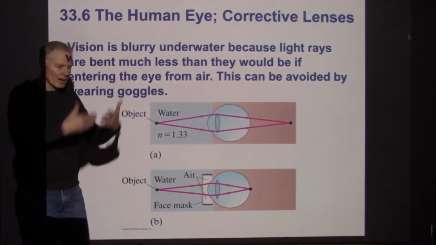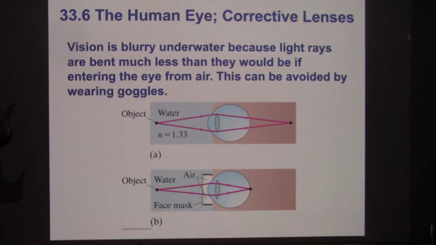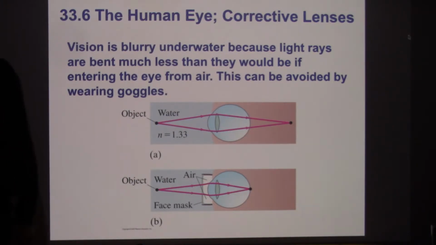So the idea is to create that first boundary on the face mask, on the goggles, so that it's basically flat. That will keep the light going straight through, and then you've recreated the air boundary, so things are going to come into focus. So you can think of it as kind of corrective lenses to compensate for the index of refraction of the water.